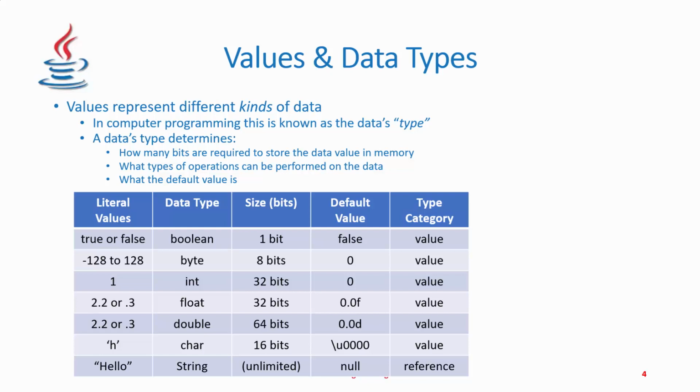And then our char, short for character, but again, that's the actual type that we use when we're declaring a char or a character variable. We use char, C-H-A-R, which is of size 16 bits, because remember we're now using Unicode character encoding, and so that's a 16-bit format. And then finally we have what's called a string, which is a collection of characters.